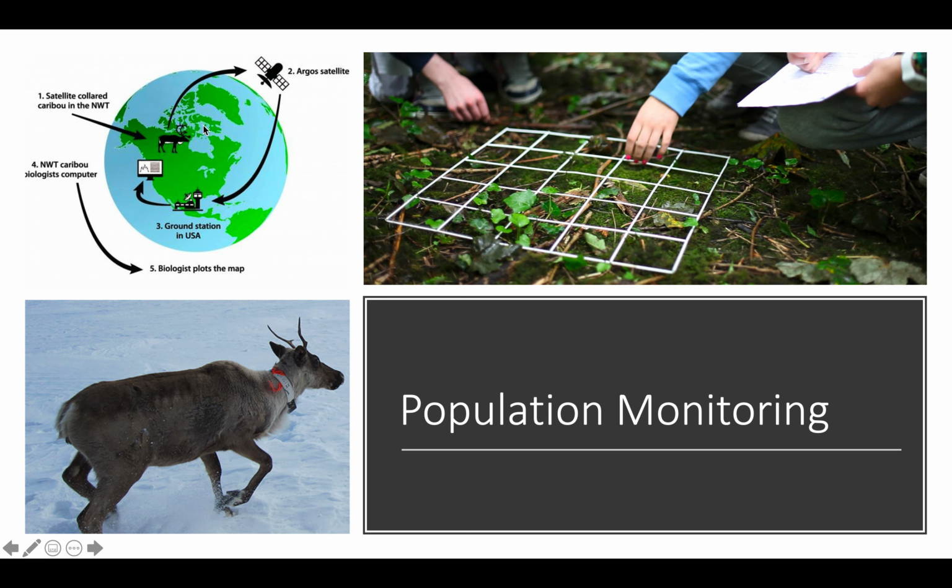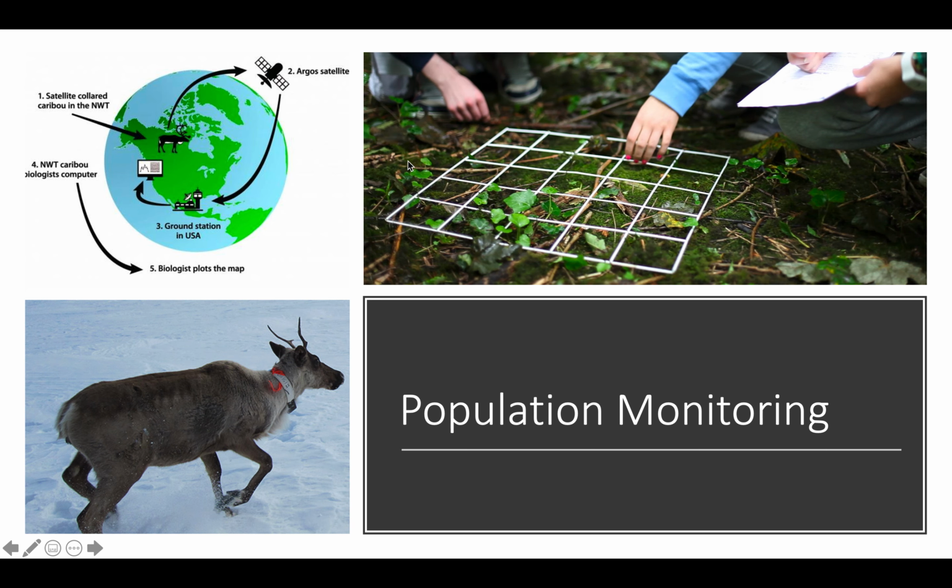A satellite sends a signal to the caribou's collar, and then it pings back to the satellite, and then that signal is relayed to a ground station, and then that data is mapped and analyzed by biologists. So that's one way, especially helpful in tracking large animals that migrate around.